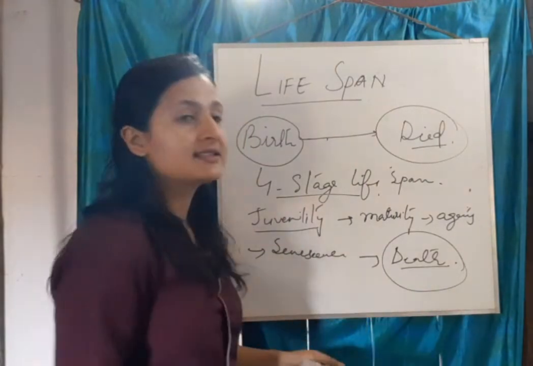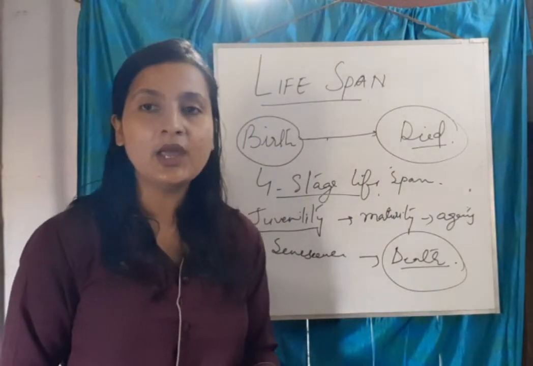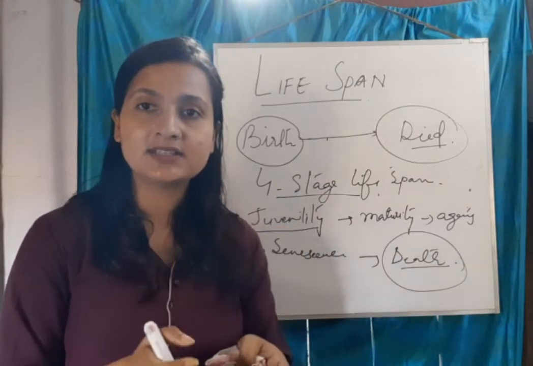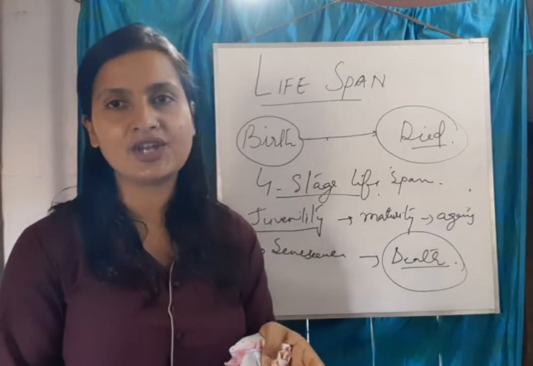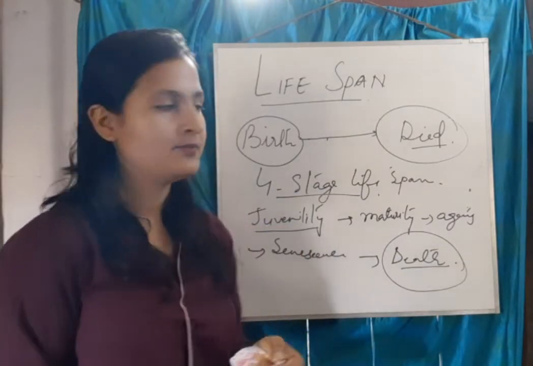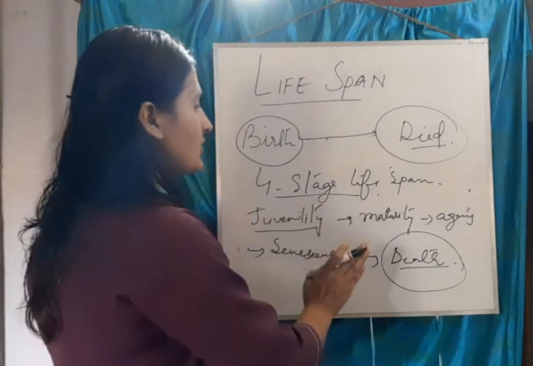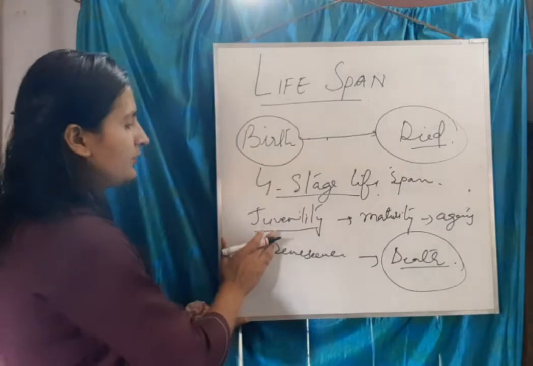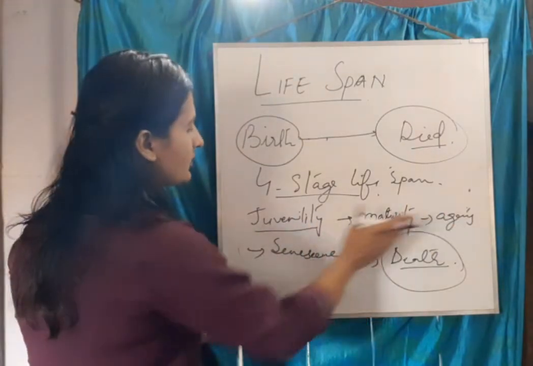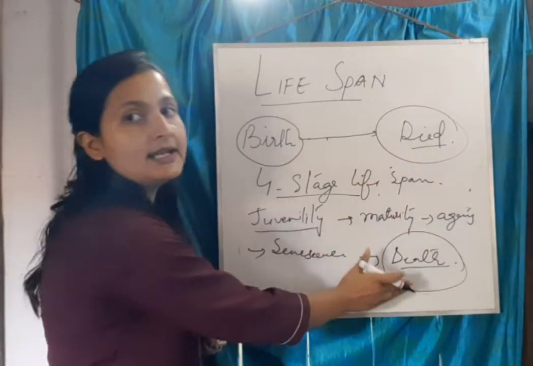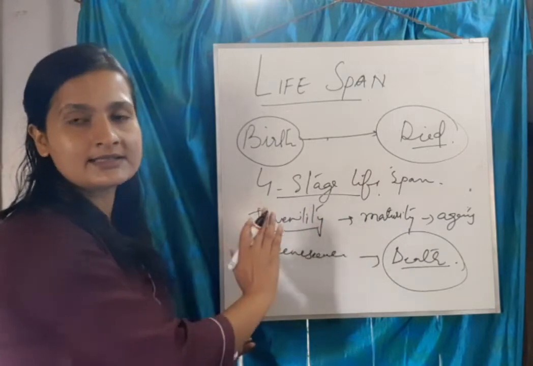That is a necessity. When an organism dies, then a new generation will start, isn't it? So these are the four stages of lifespan: juvenility, maturity, aging, senescence, and finally an organism dies.